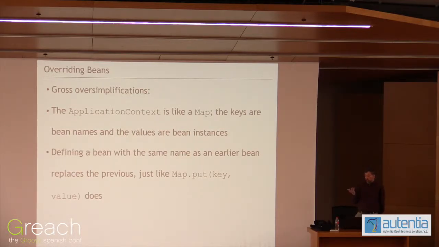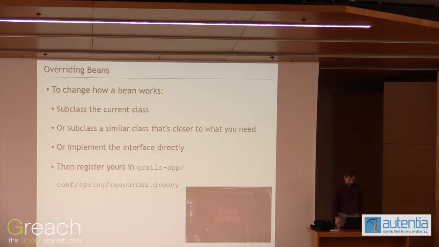When you define a bean, you register it into this map with the bean name as the key and the bean definition as the value. Then later on, you define it again. You don't actually do this, but it's essentially like calling map.put with the same key and a different value. So the old one just goes away. As I said, this is grossly oversimplified and not how it really works, but it's how you can think of it working.